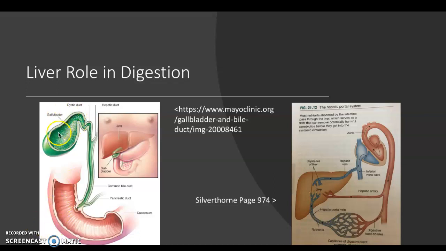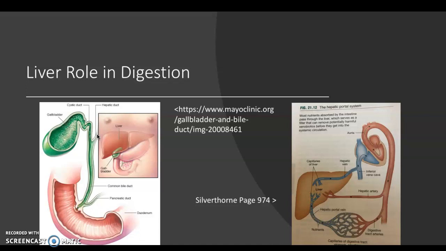So here's the gallbladder here. You can see in this picture it is nested right underneath the liver. And then it's from the hepatic ducts that, you can see it tucked back here, that bile enters the gallbladder.